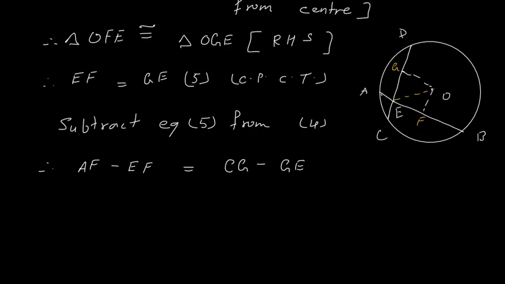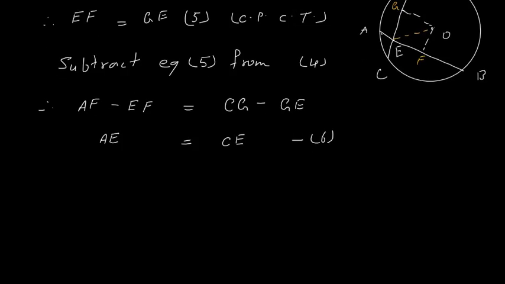From this diagram we can easily figure out that AF minus EF is equal to AE, and CG minus GE is equal to CE. So AE is equal to CE. Let us consider this as equation 6.